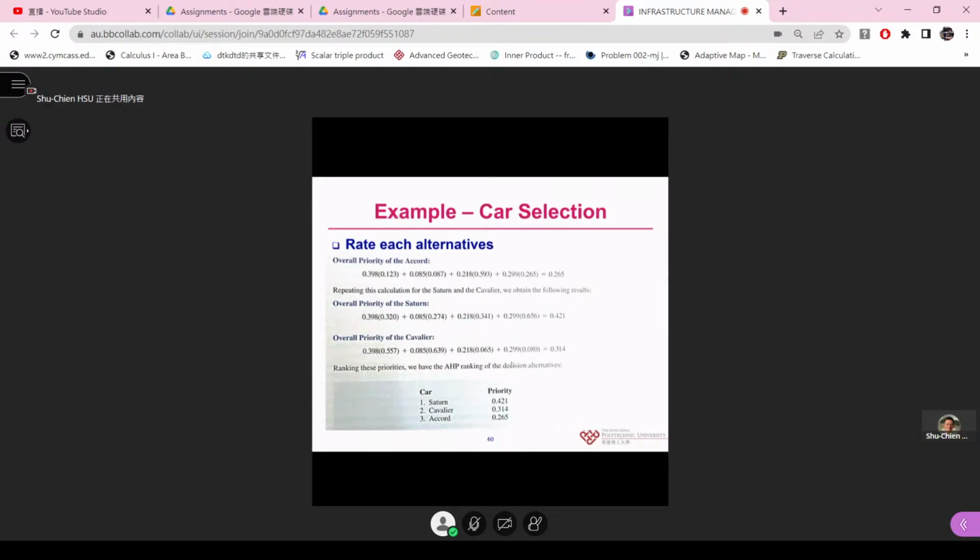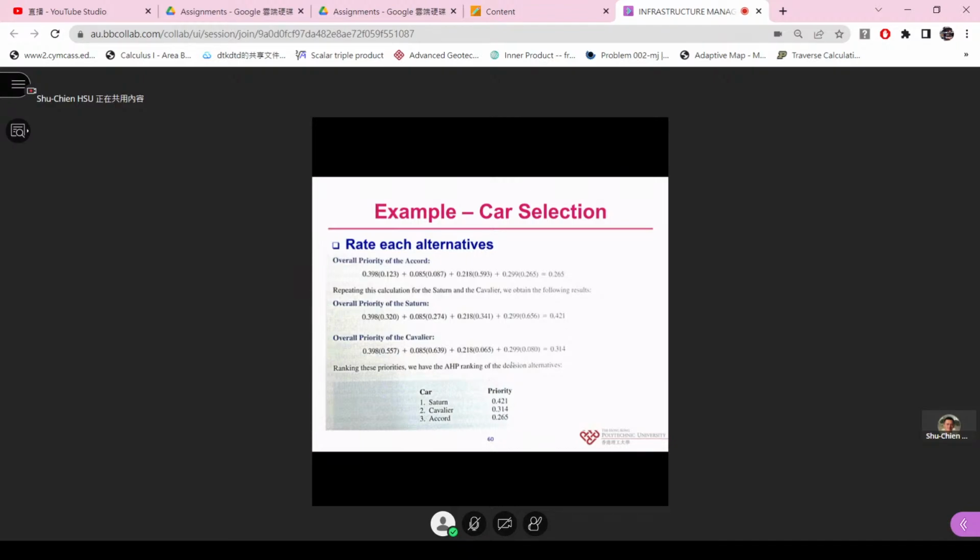We have the overall priority of the Accord: 0.398 times 0.123, plus 0.085 times 0.087, plus 0.218 times 0.593, and also plus 0.299 times 0.265. So we get the overall priority of the Accord equal to 0.265. And then we just repeat the calculation for the Saturn and the Cavalier, and we obtain the following result.